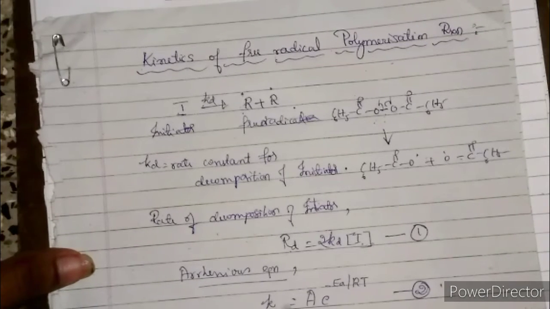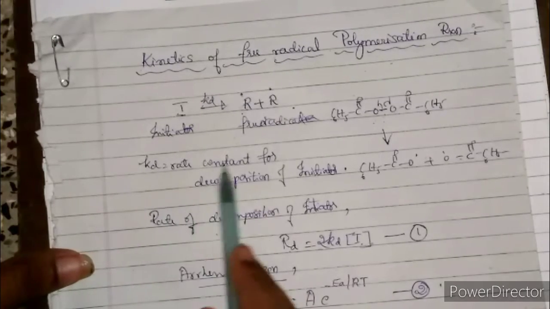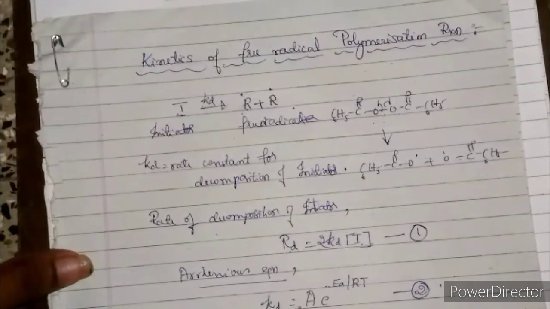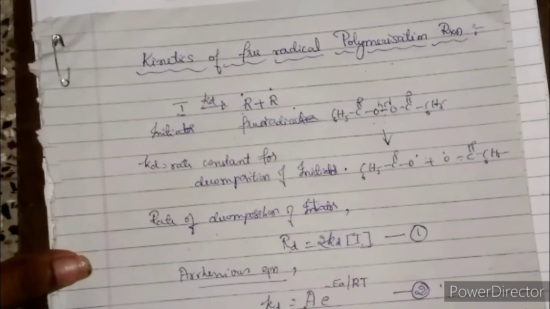Here this is a rate constant, so I write it as Kd. This Kd, the rate constant for the decomposition of the initiator, is given by A into exponential to the power minus Ea by RT, where A is a constant called the frequency factor, Ea is the activation energy, R is the real gas constant, and T is the temperature.